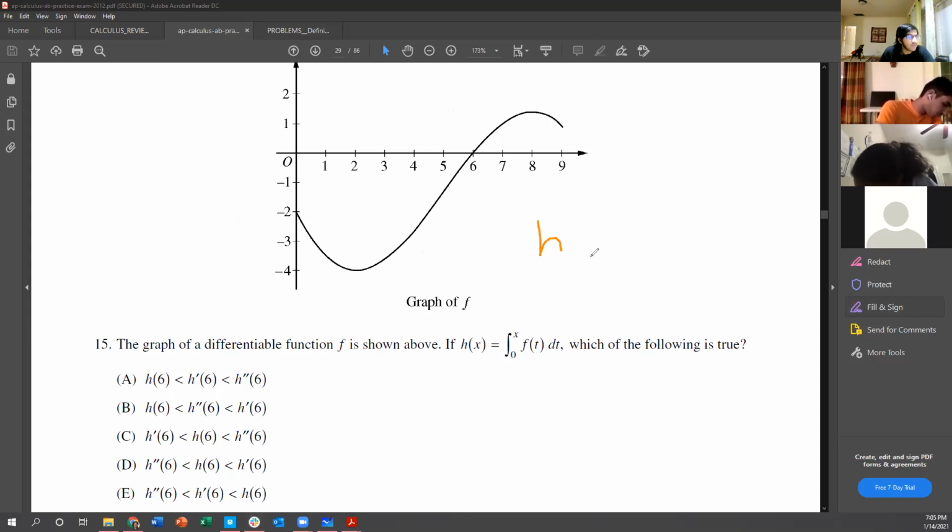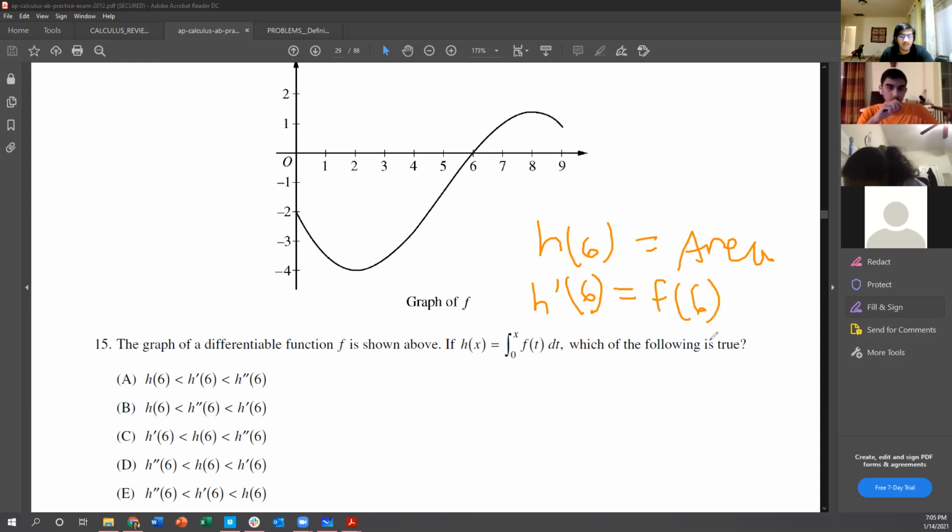Okay, so h prime of x. h of x would equal the area of this graph. h prime of 6 would actually equal just f of 6, correct? And in this case, f of 6, we know straight off the graph, is equal to 0. And then h double prime of 6 would be f prime of 6, which happens to be greater than 0.